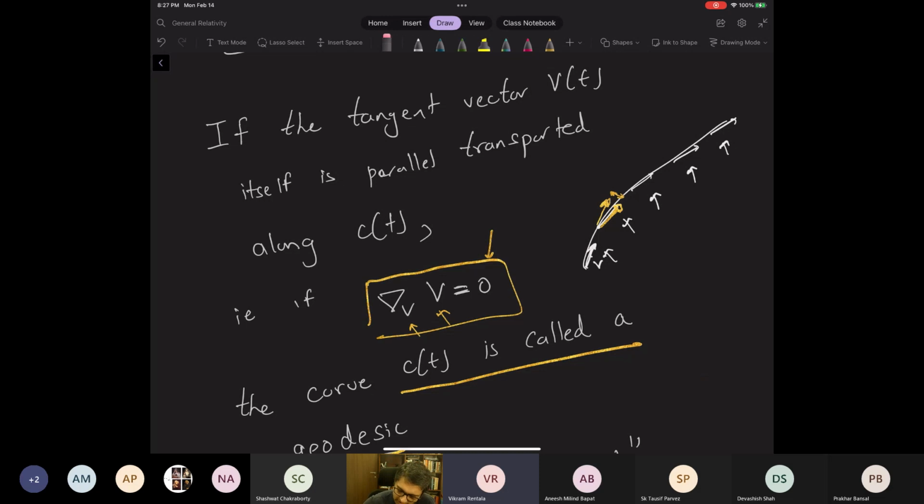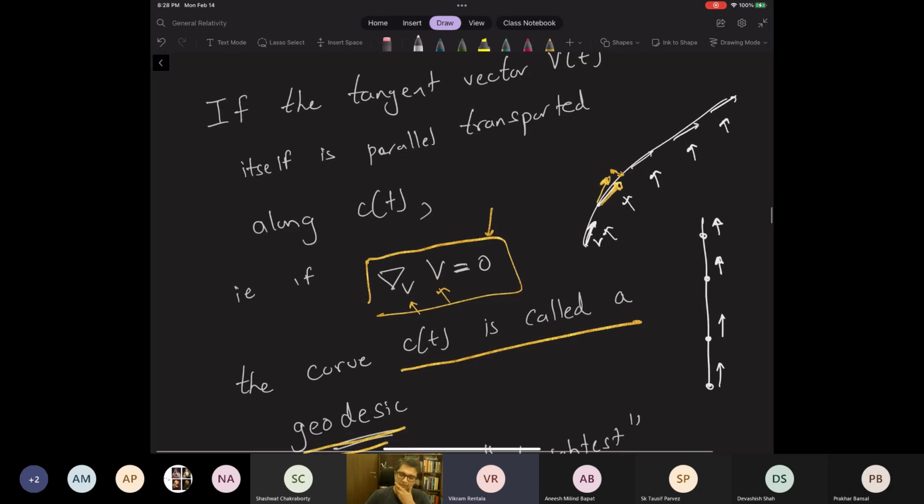If I draw a straight line, the tangent vectors are like this at each point.